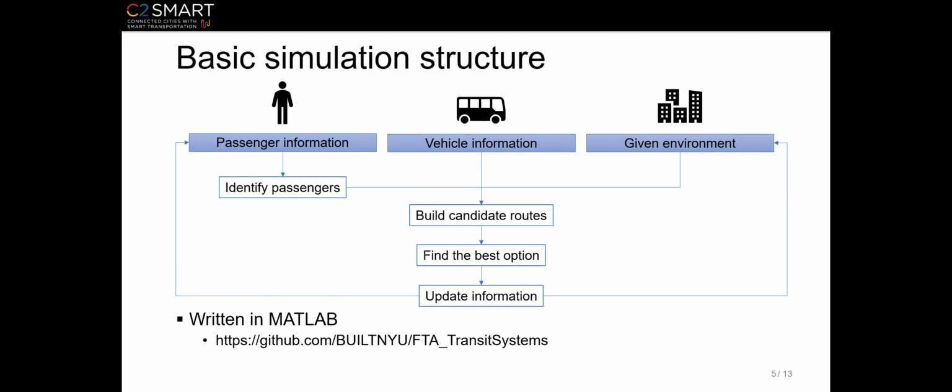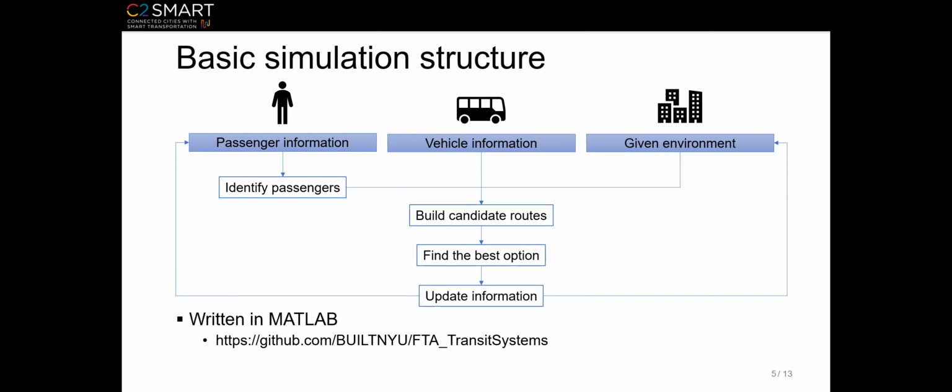So the simulation first identifies passengers: who is requesting their services, and who is already inside the system. Combining all the information together, the simulation can build candidate routes which can be chosen based on the value of each route. And after finding the best option, we can update the information by actually moving passengers and vehicles within the simulation.